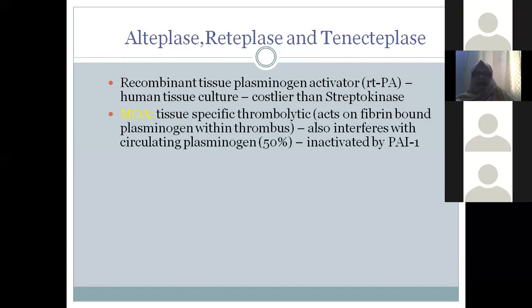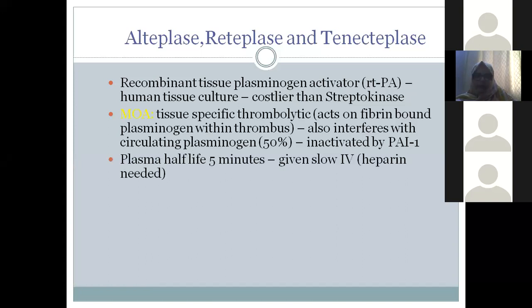They are recombinant tissue plasminogen activators cultured from human tissue, and they are costlier than streptokinase. Their mechanism of action is tissue-specific thrombolytic activity, though they also interfere with circulating plasminogen and are inactivated by plasminogen activator inhibitors. Plasma half-life is 5 minutes, and they are given via IV.